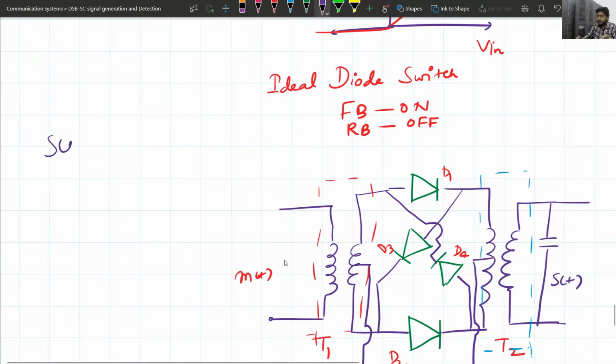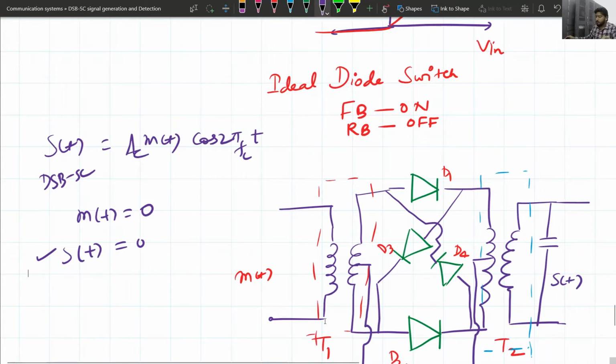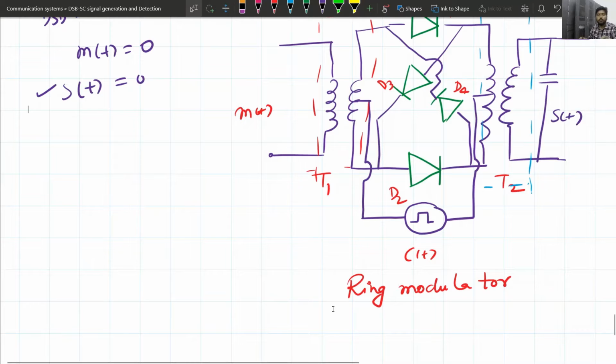Now as we know, s(t) is given as m(t) times cos 2 pi fc t. As you can see here, once m(t) is 0, then s(t) will also be 0. Mathematically we can see that. So there are basically two modes of operation for a ring modulator.